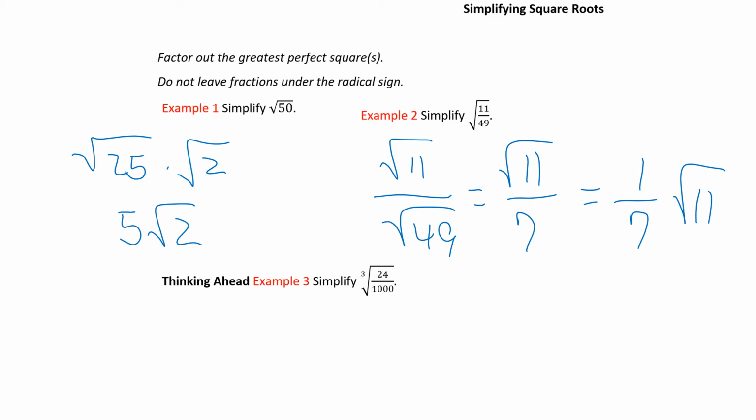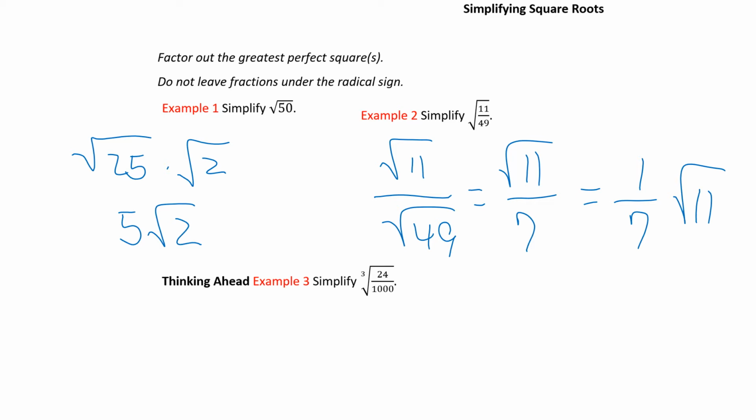When we look at example 3 here, it's talking about a cube root. I know it says square roots on top, but I just want to take one moment to look at a cube root, and I think it'll help us to understand a little bit more what's going on. 24 and 1,000 are both even numbers, so maybe it would make some sense to say, does 2 go into both of them? Does 4 go into both of them? Does 8?